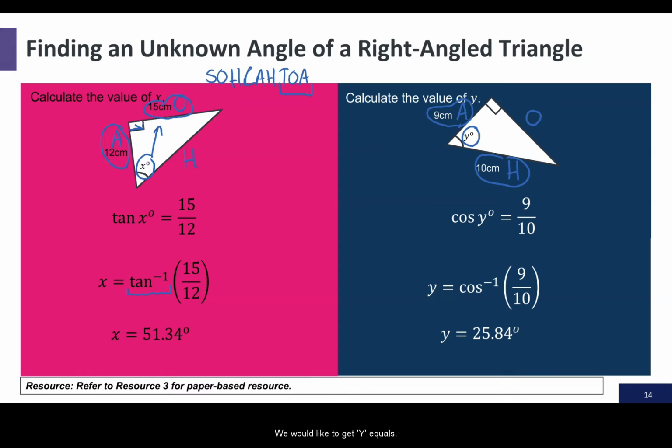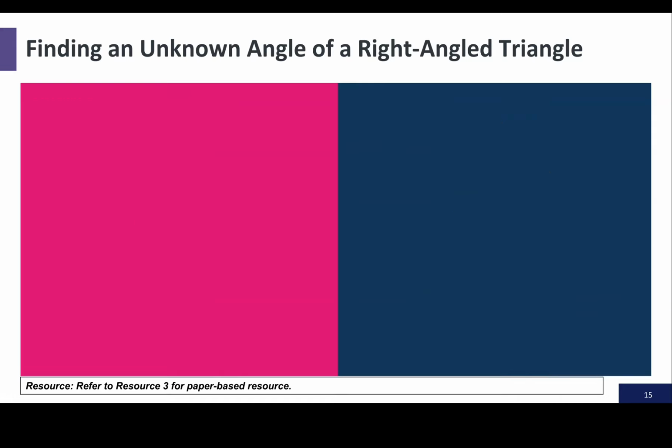We would like to get y equals, so we inverse cos both sides. Therefore y equals inverse cos, or cos to the minus 1, 9 divided by 10, which will equal 25.84 degrees. Here's my next example.